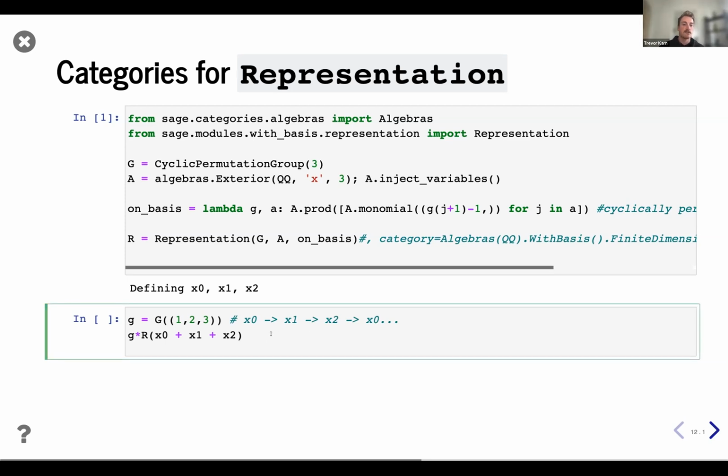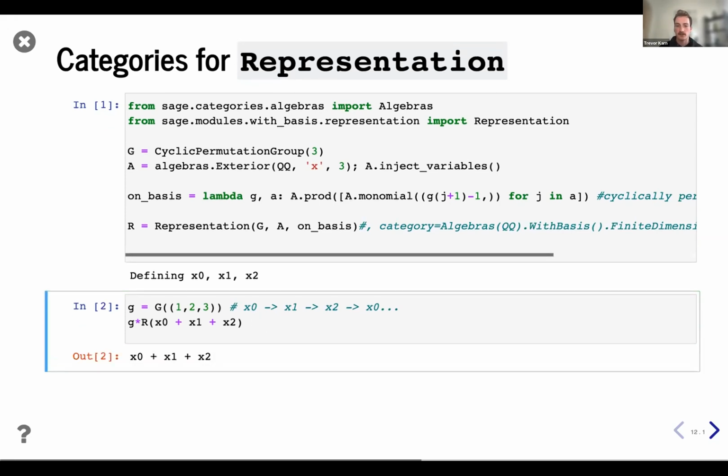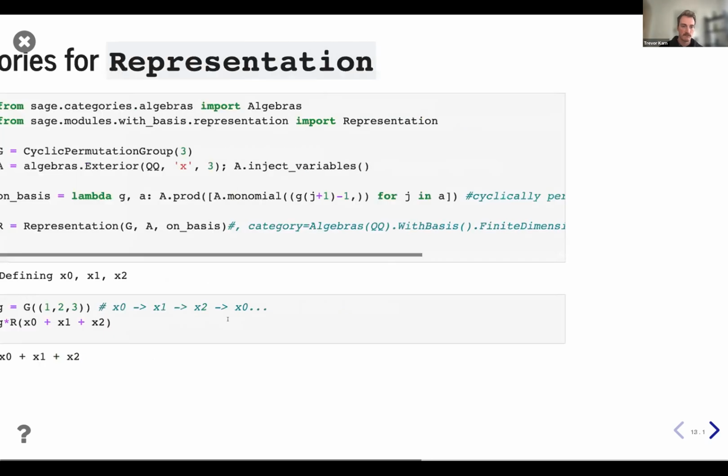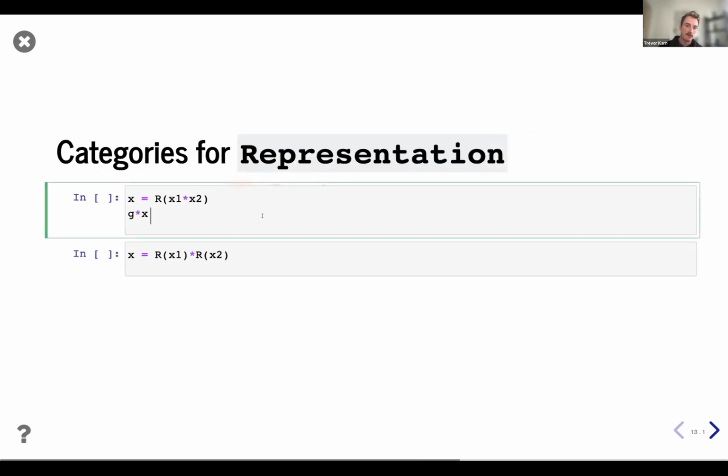So let's just check. If I send x0 to x1, x1 to x2, and x2 to x0, well, that should fix this element. So let's just double check. Okay, great. So we see that G acts on this element by sending it to itself. So this is an example of an element in A^G. Okay, so now let's see what happens to x1 times x2.